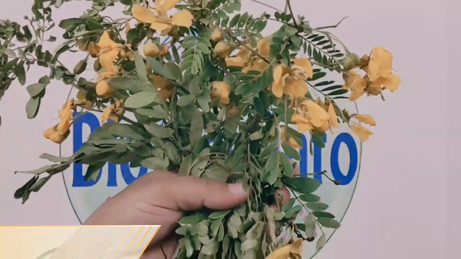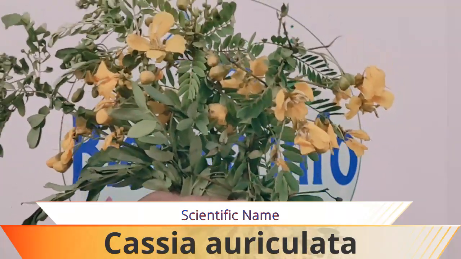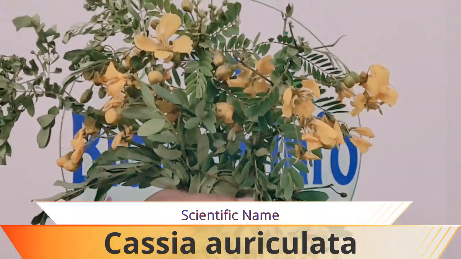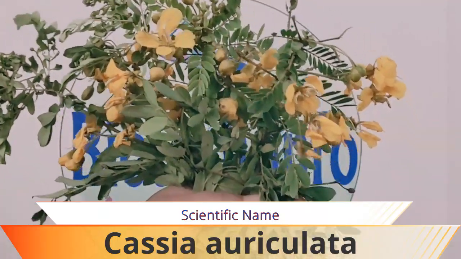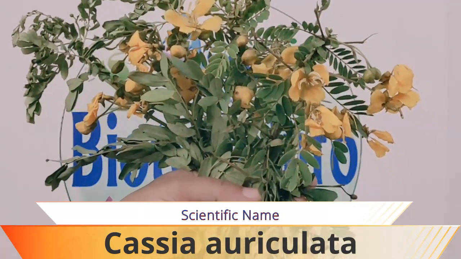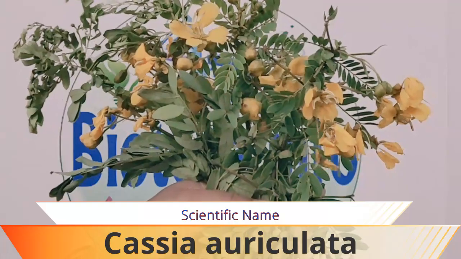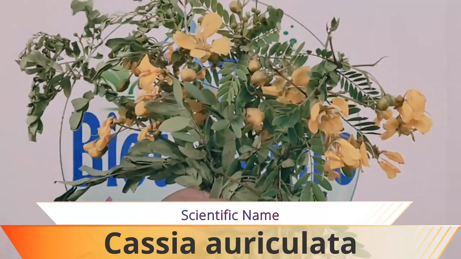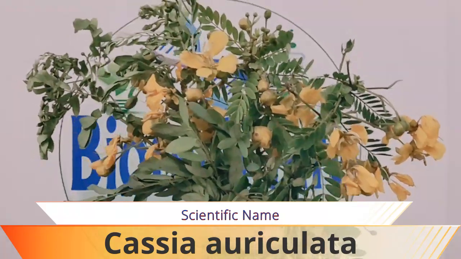Children, can you guess the common name of this twig which I am showing you now? I want only the common name, children, and who knows, leave the comment in the comment box. It is having yellowish color flowers, and you can see the leaf is a compound leaf, imparipinnate, and it is a shrub with a hoody texture.